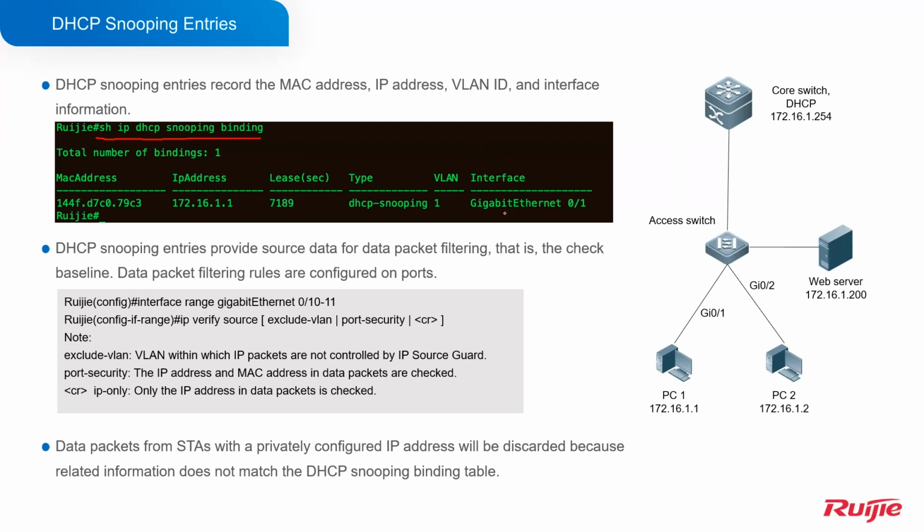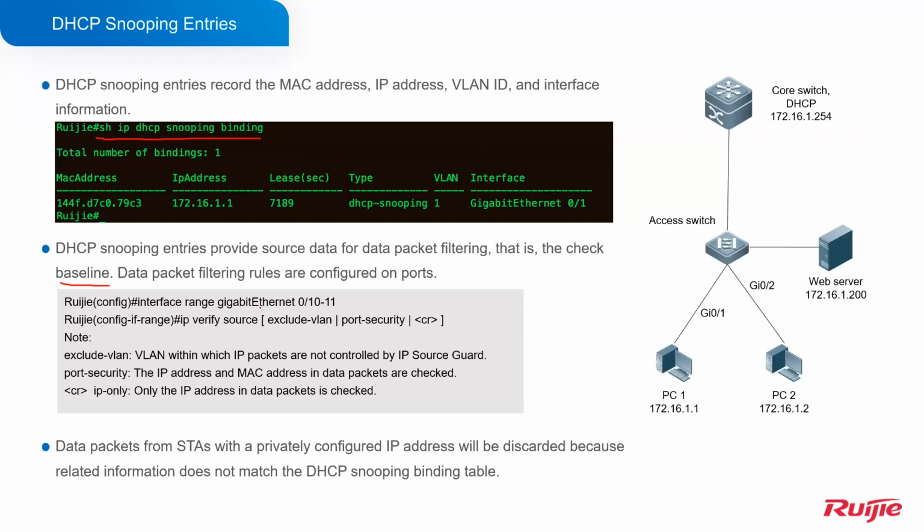It provides source data for data packet filtering. That is the check baseline. Data packet filtering rules are configured on ports. So here we have the baseline, which is the entries from DHCP snooping. The rules are manually configured, and let's see it.